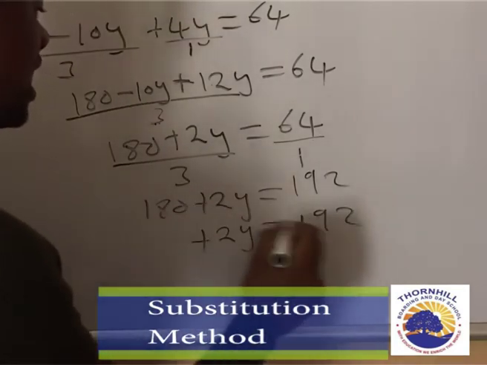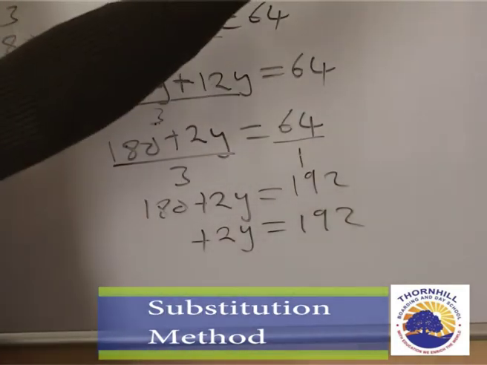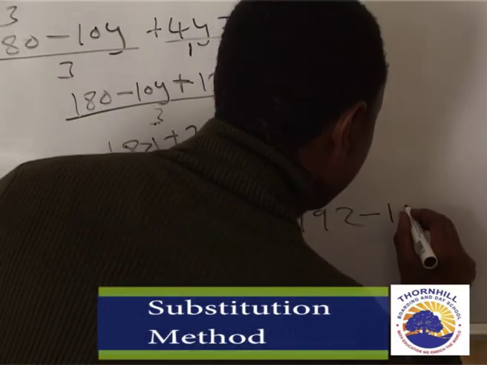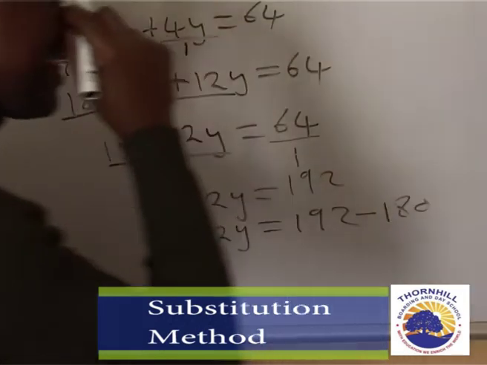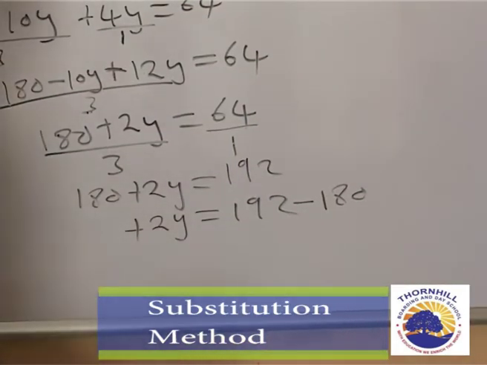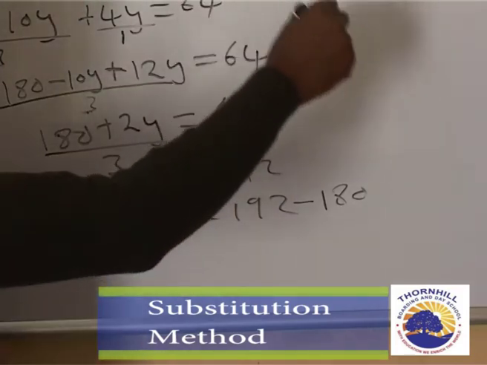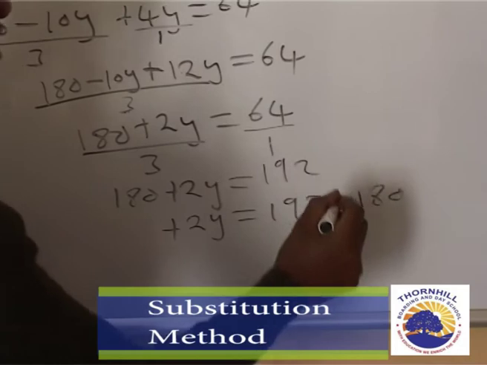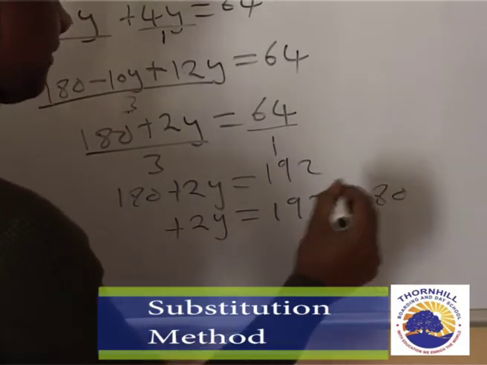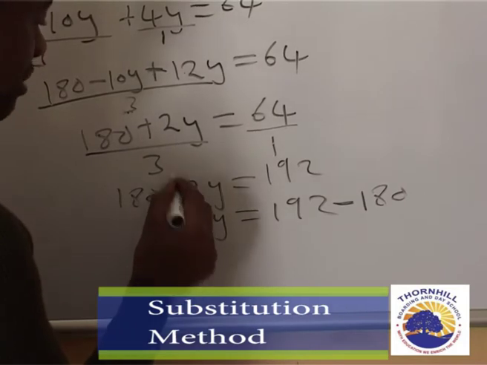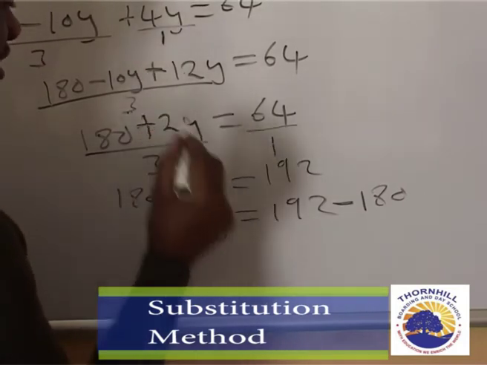Then this 180, when it goes on the other side, will become minus 180. What we've simply done here is, this 180 has gone on the other side of the equation. Since here it is positive, when it crosses, it shall become negative like that.